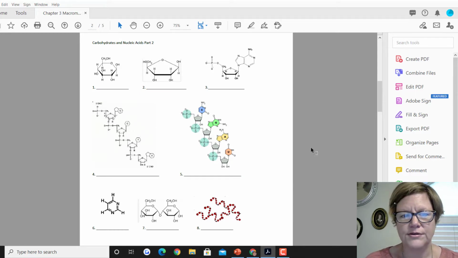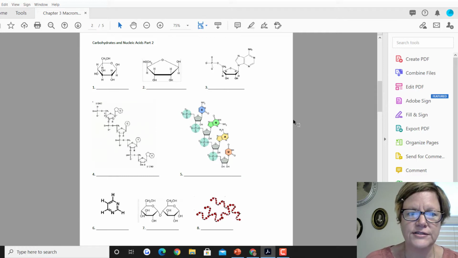You may or may not be able to tell one is DNA and one is RNA, but at this point I'm not that concerned with being able to tell that difference. So 4 and 5 are both polynucleotides or nucleic acids. Number 6 is a nitrogenous base.